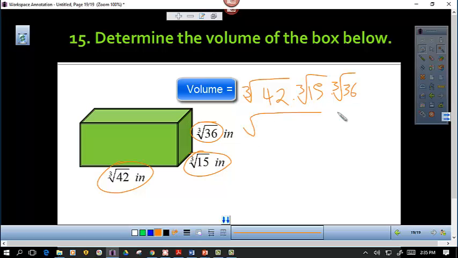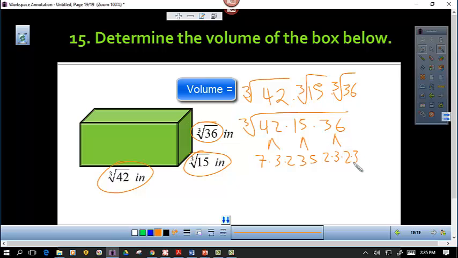My way of doing this is to consolidate the 42, 15, and 36 and look for those groups of 3. I just broke this down to 7, 3, and 2, because that's what 42 breaks down into. You have 3 and 5, and you have 2 and 3 and 2 and 3.